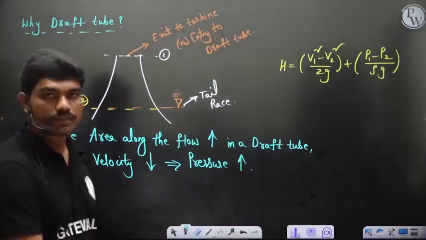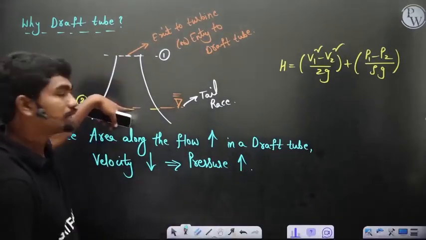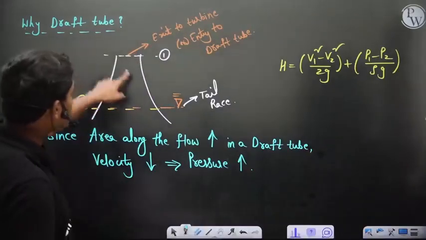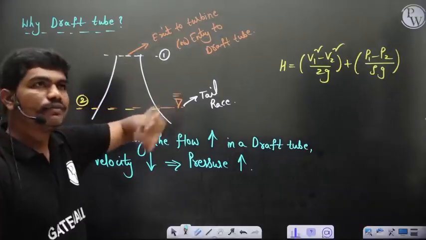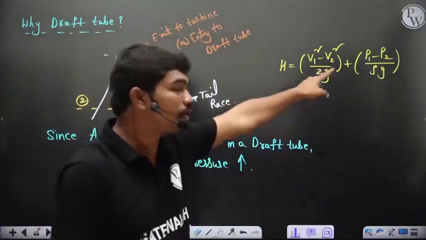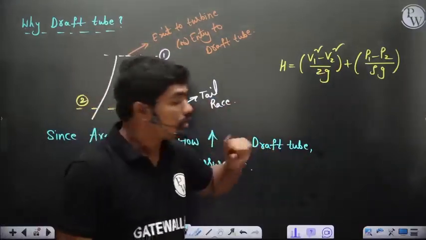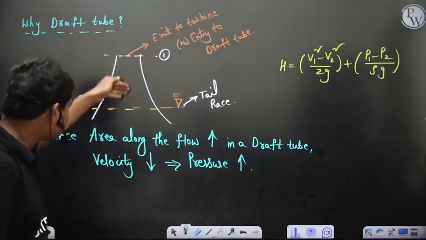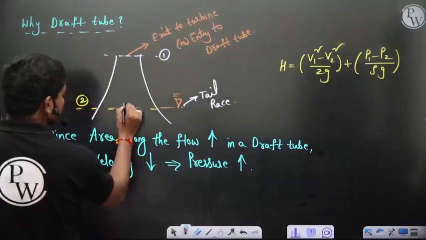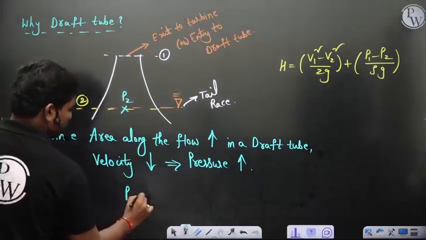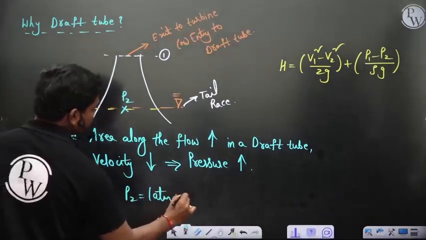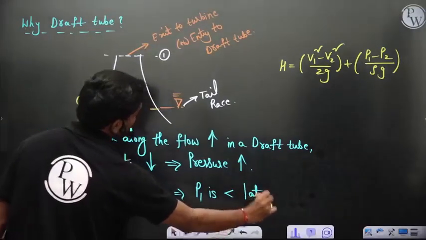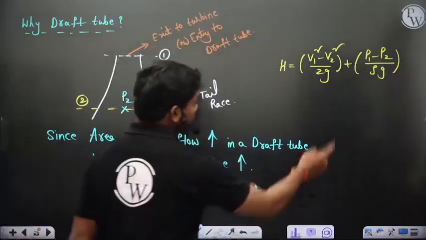Because if you apply the Bernoulli equation between these two points, the velocity is decreasing because of continuity, so pressure would increase. If you leave it to atmosphere, the maximum pressure at the exit is 1 atm. After traveling all this distance, after increasing the pressure, the exit pressure is 1 atm, so the pressure at the turbine exit is less than 1 atm.